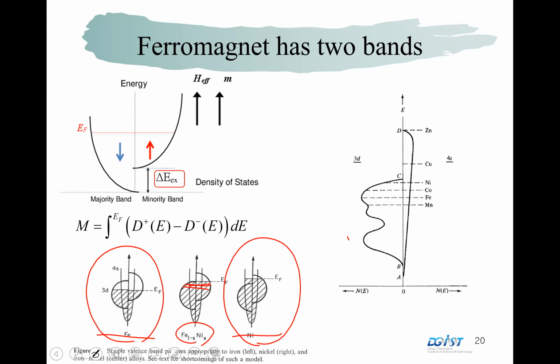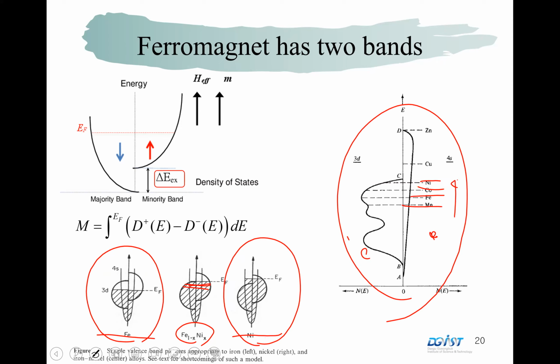More precisely, in 3D metals, we have some density of states structure for the s electrons, and in this case, this one is the d electrons. This is very schematic, but it still captures many important physics. Depending on the number of electrons, this is the increasing number of electrons.